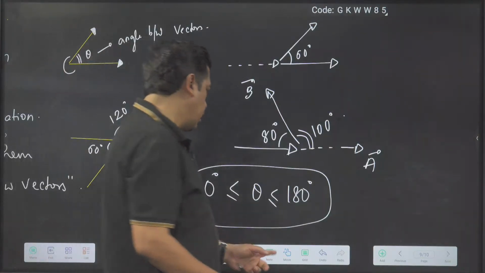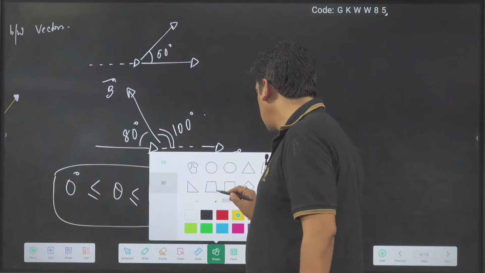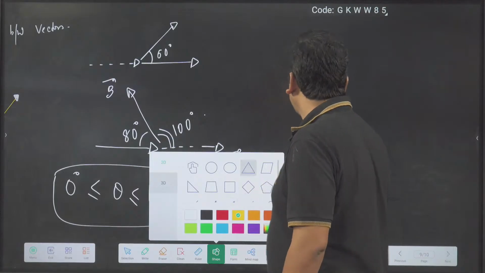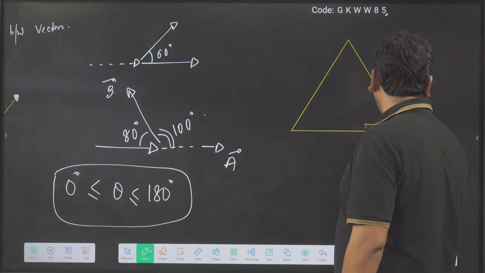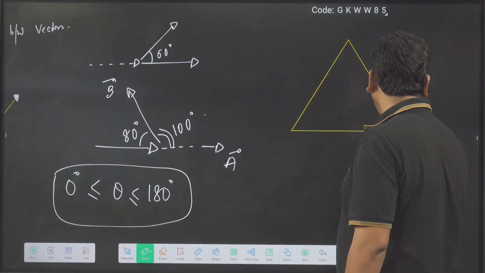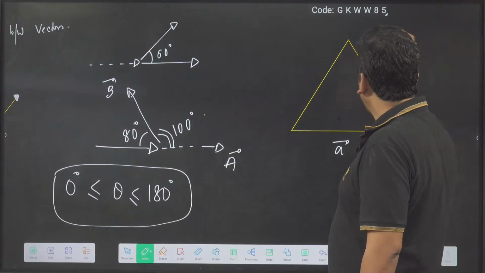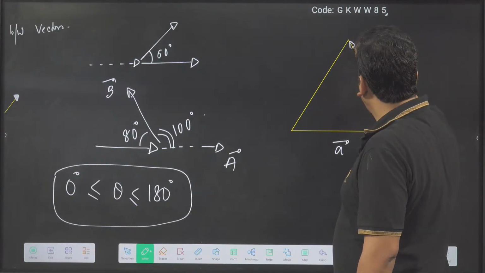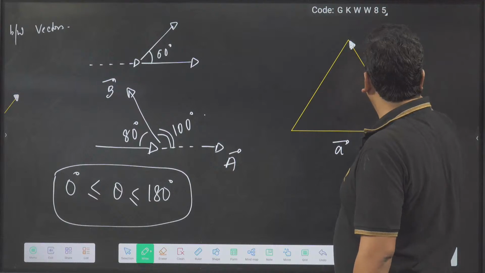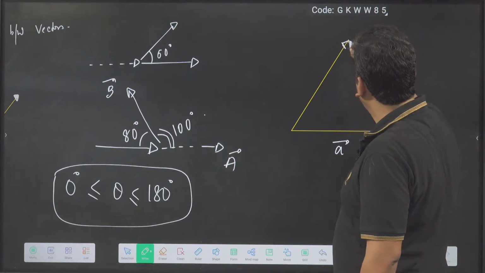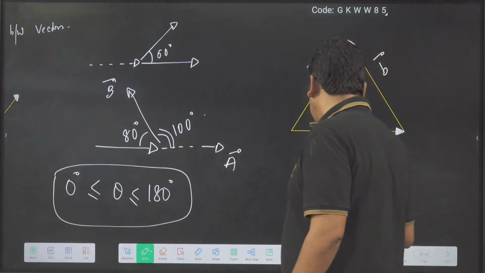Okay, last. If I say this is an equilateral triangle, this is A vector, this is B vector, this one is C vector.